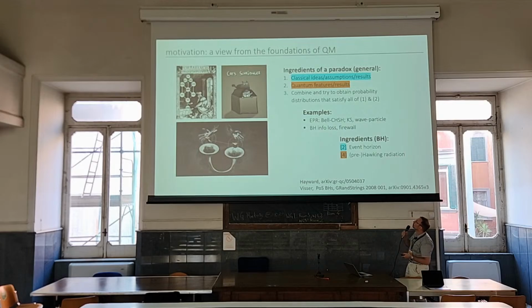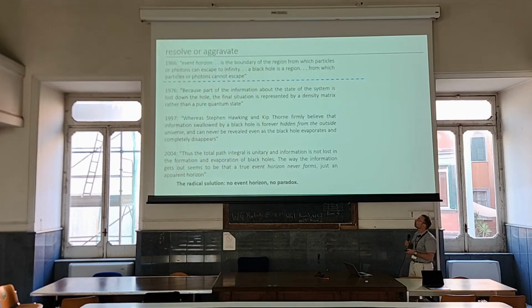For black holes, we particularly need several things. We need the event horizon as our classical concept, and we need Hawking radiation. What you have here is lifted by me from a paper by Hayward, and this is the evolution of the views of Hawking on the existence of the event horizon, starting from it being a totally, absolutely, undisputably essential property to something that maybe does not exist.